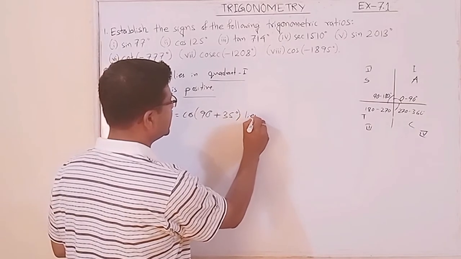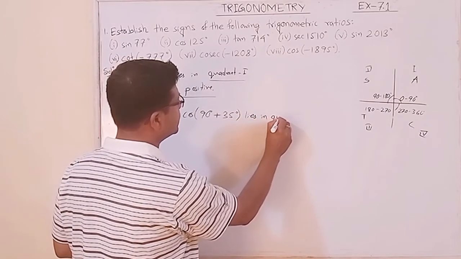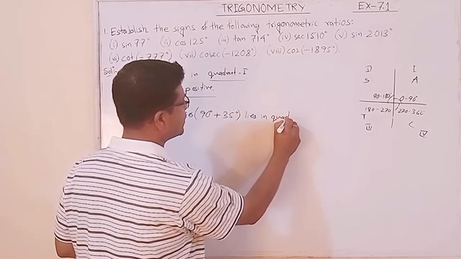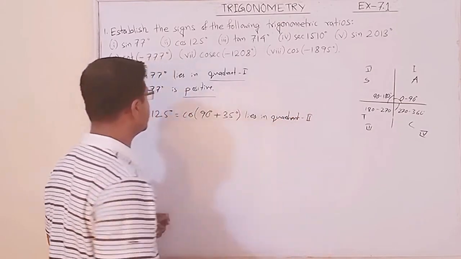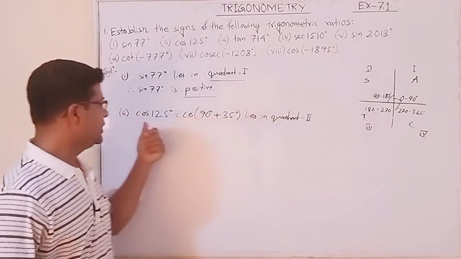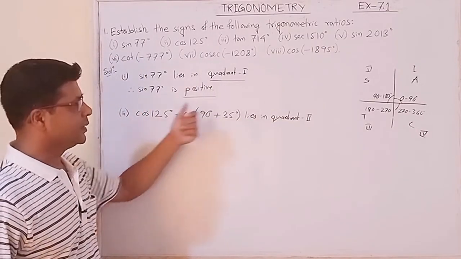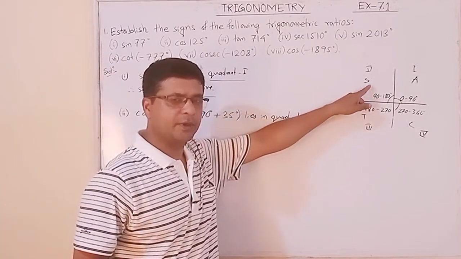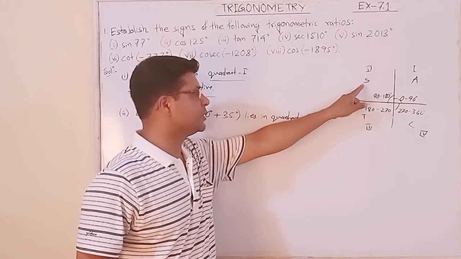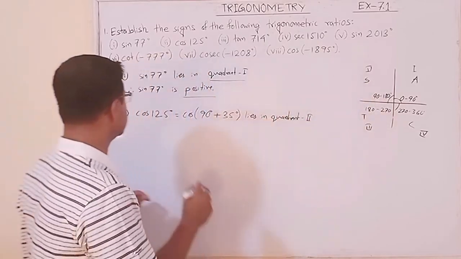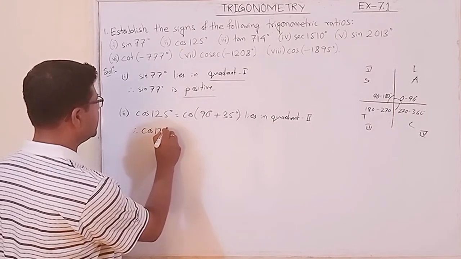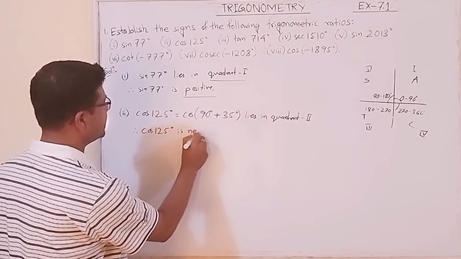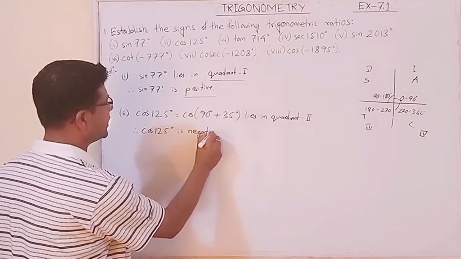So we shall write lies in quadrant 2. So in quadrant 2, is cos positive or negative? Here only sine and its reciprocal are positive. Cos is never positive here, cos is negative. So therefore cos 125 degree is negative. I think you are getting my point.